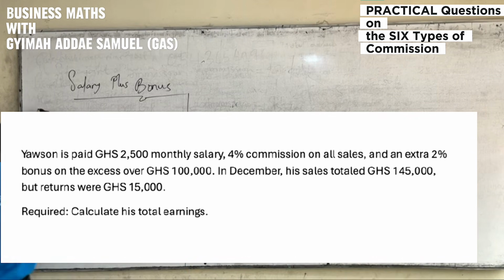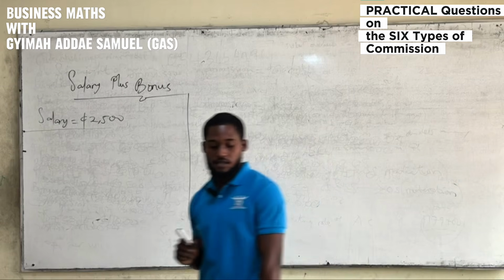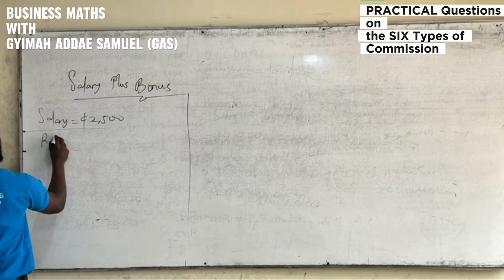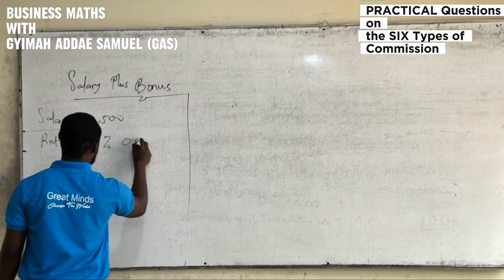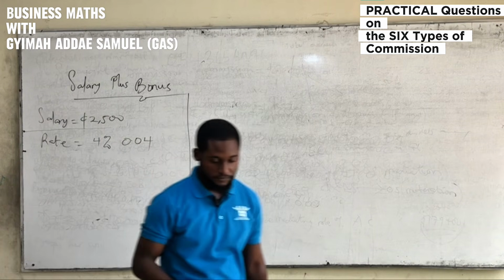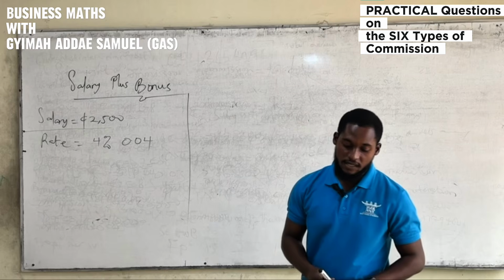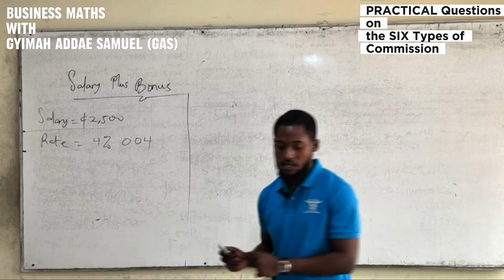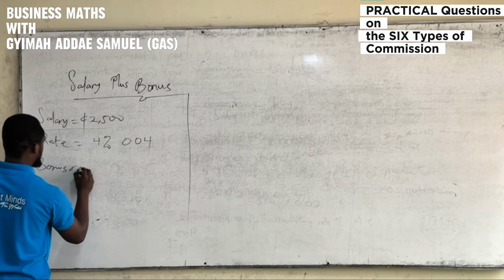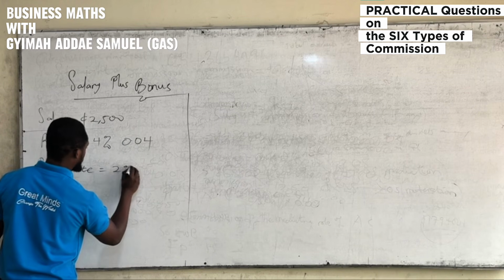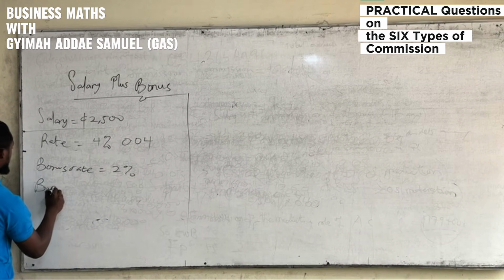Salary is 2,500 Ghana cedis. Rate is given to be 4%. Bonus rate is 2%. Bonus quota is 100,000 Ghana cedis.